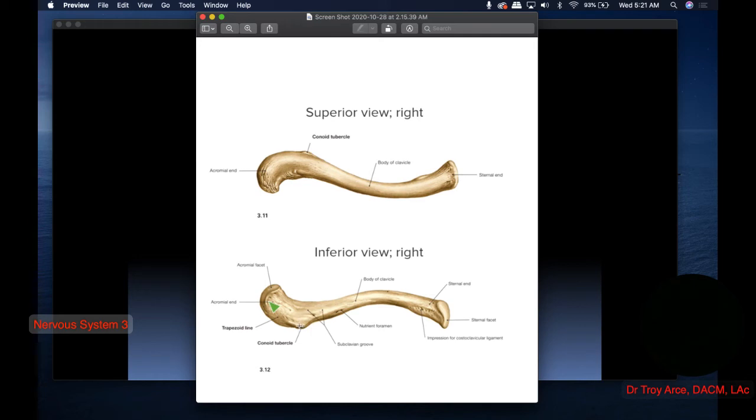There's also some trapezoid lines, and over here we have our costoclavicular ligament impression, where the costoclavicular ligament attaches, and makes everything come together right there at the central portion, the medial portion on the sternal end. So that's one I'd like to show you.